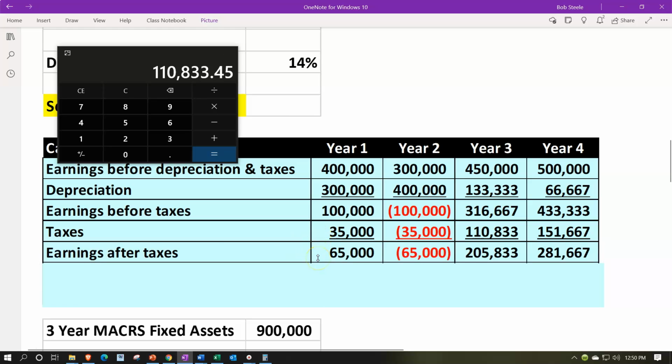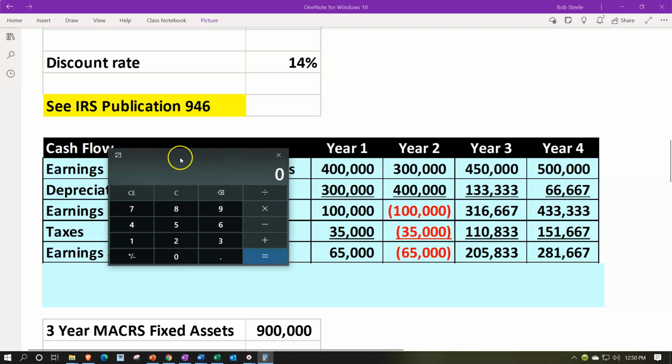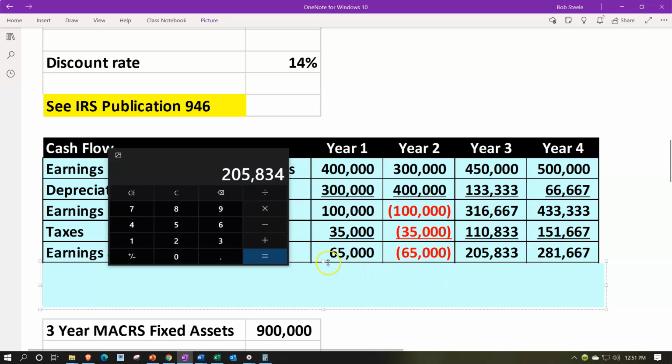And then we have the earnings after taxes, which would be calculated as the earnings before taxes, 100,000 minus the 35,000. This was a tax loss here, the negative 100,000, and then we got the 35,000, 65,000, and then the 316,667 minus the 110,833, and so on.